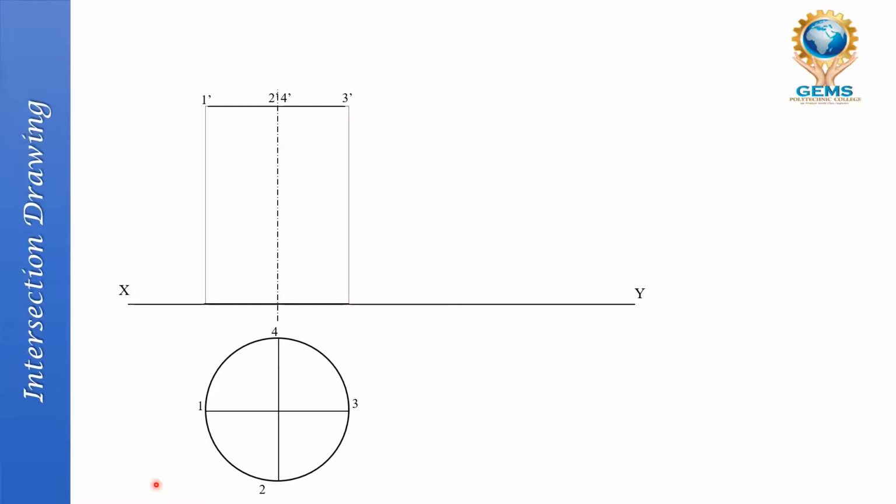These are together because 2 and 4 are on the same line. 1 is this and 3 is this one. So 2 dash and 4 dash are the lines of the circle, here 2, 4, and on that side 2 dash and 4 dash.